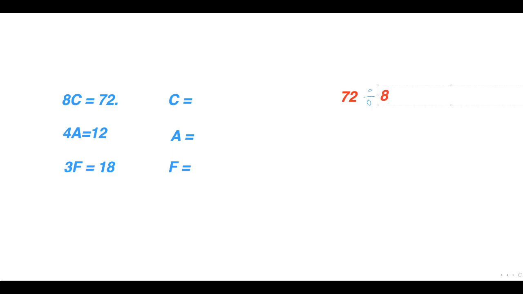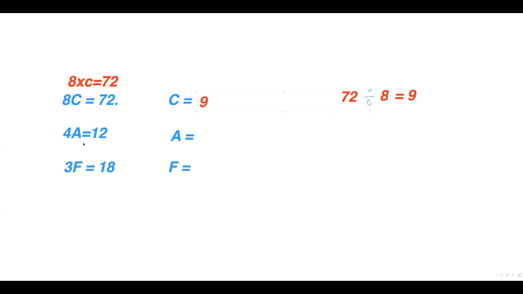So to find out what C is, I know that 8 times something gave us 72. So remember, we're doing the opposite. So to get 72, we did 8 times C, which gave us 72. So this time I'm going to do the opposite. 72 divided by 8, which will give me 9. Well done. Okay, so C equals 9.